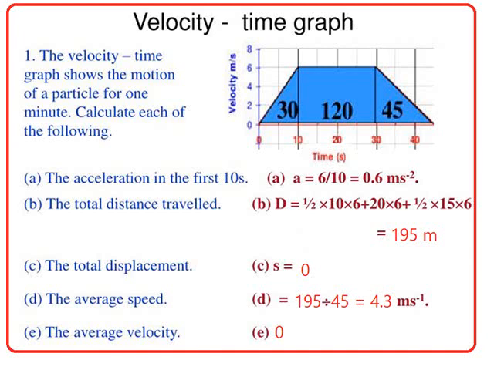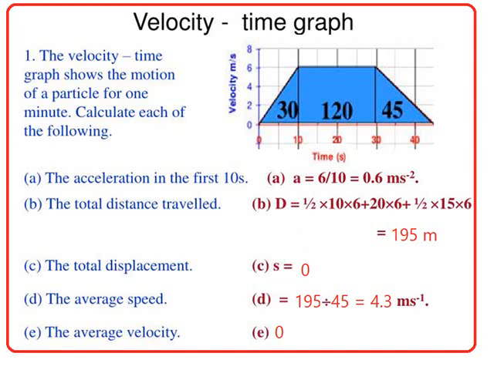So acceleration is calculated by the formula for slope, y2 minus y1 divided by t2 minus t1. So 6 divided by 10 is equal to 0.6 meter per second square. The answers are given at the right in red.